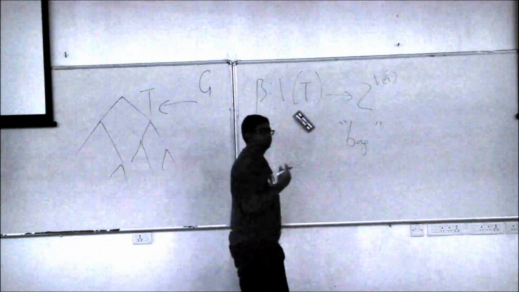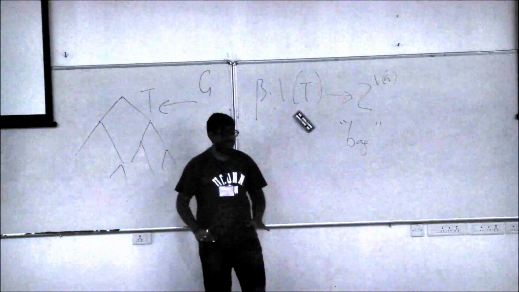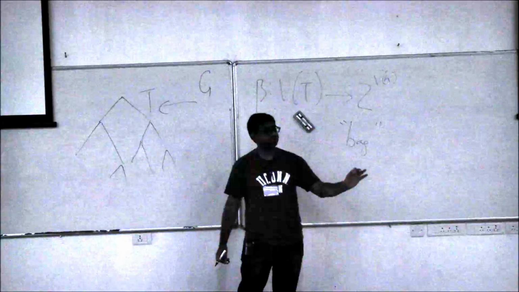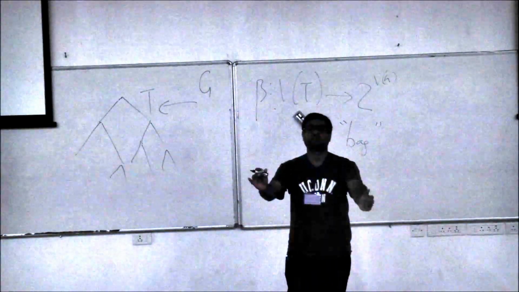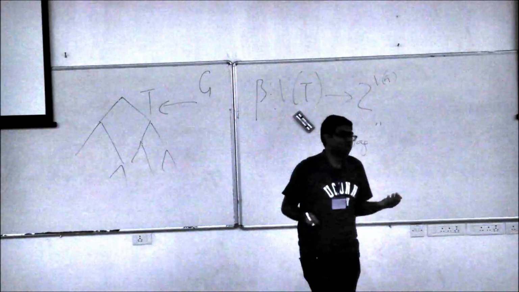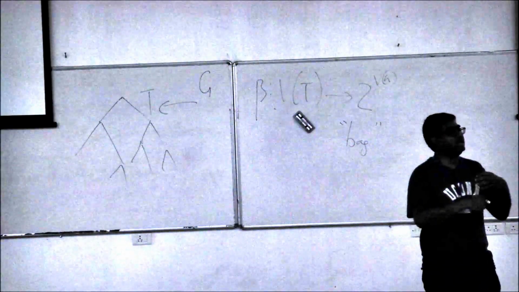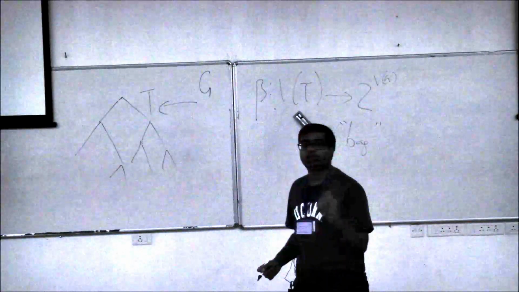Right? So how do I measure how tree-like my structure is? Here is my tree, first of all. And for every node in this tree, I have an associated subset of vertices. Now, what do I gain out of this? It cannot be any arbitrary association, so you request certain properties.